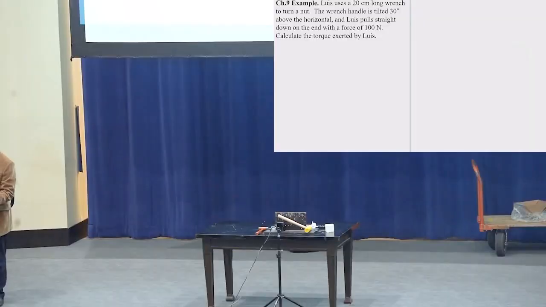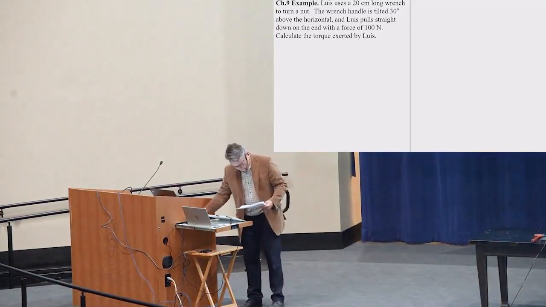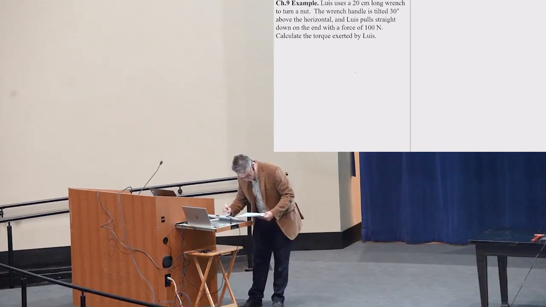So, Lewis uses a 20 centimeter long wrench to turn a nut. The wrench handle is tilted 30 degrees above the horizontal, and Lewis pulls it straight down with a force of 100 newtons. So what I'm going to do is try to sketch this. Again, it's really important to draw a little diagram, so you can draw what you're trying to do here.